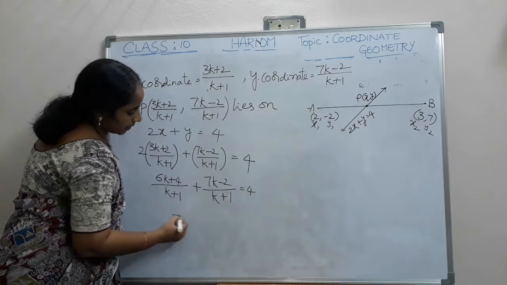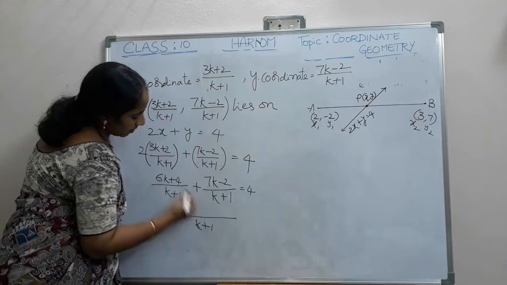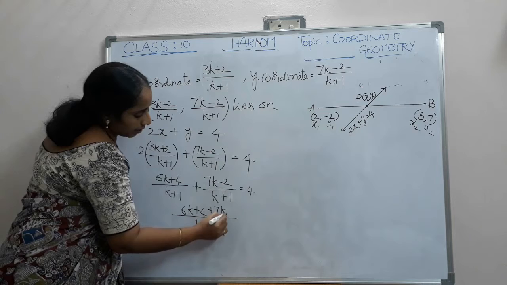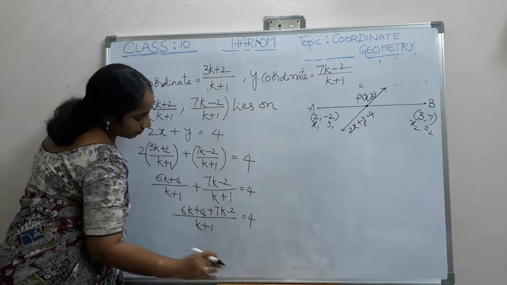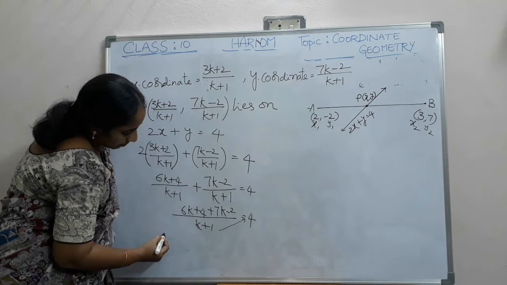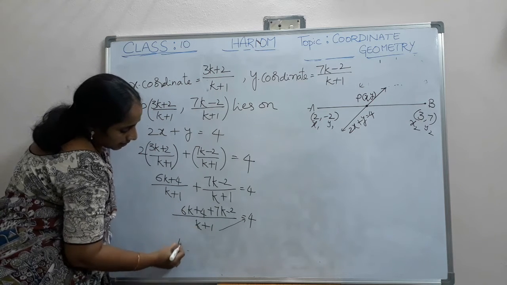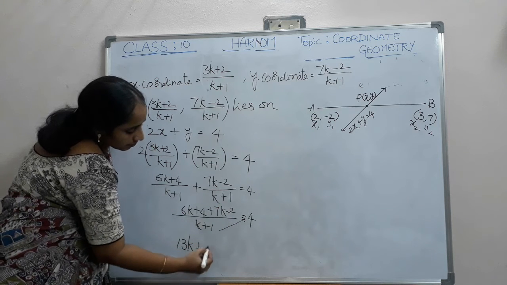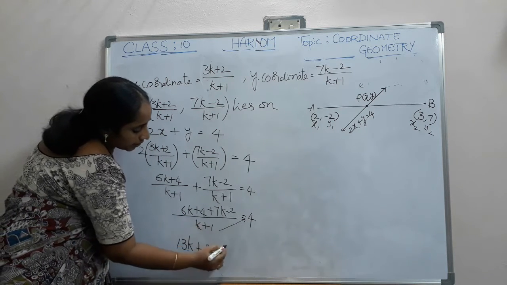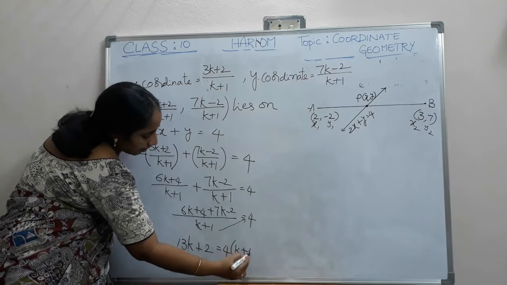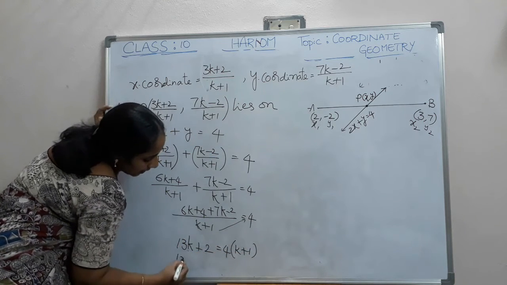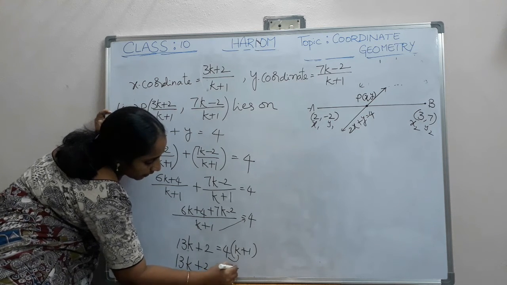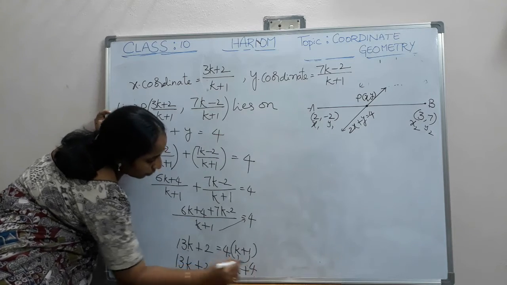Now the LCM is k plus 1. It is 6k plus 4 plus 7k minus 2 is equal to 4 into (k plus 1) by cross multiplication. 6k plus 7k is 13k, plus 4 minus 2 is plus 2. So 13k plus 2 is equal to 4k plus 4.